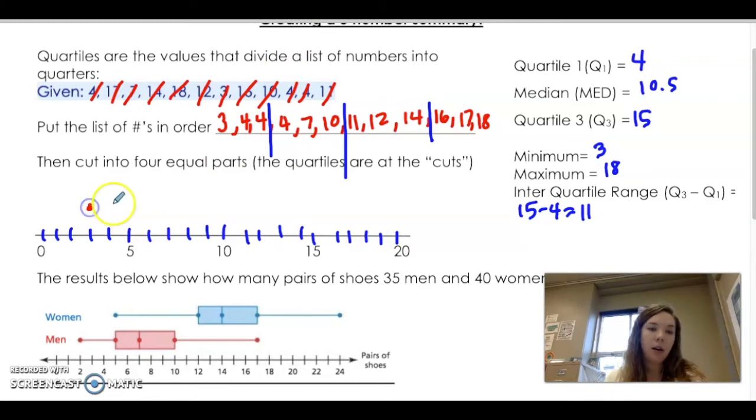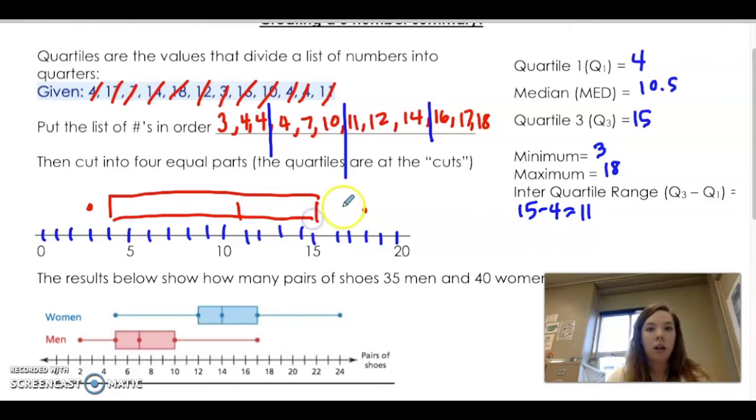That's going to be a whisker. Then we have a part of our box to be 4, 10.5, and 15. And our other whisker will be 18. So then I'm just going to turn these into a box. And then these two are your whiskers. Okay, so that's what this one would look like.